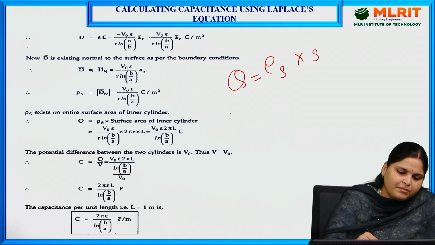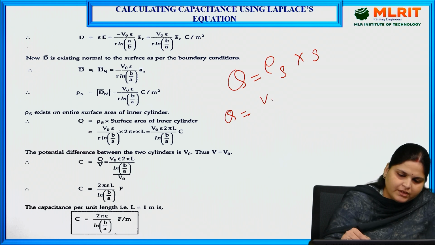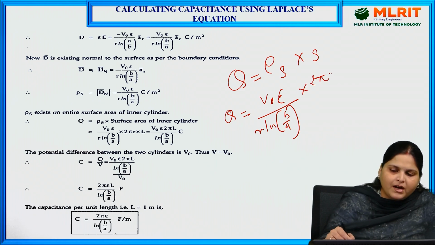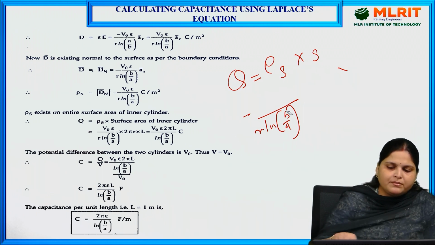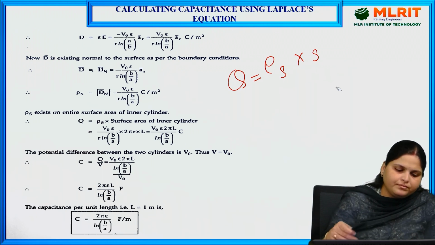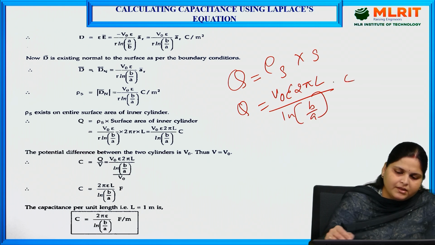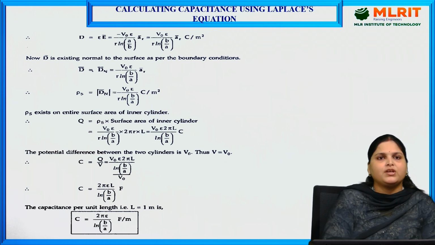So this can be written as Q = ρs, and the ρs value we already got as V0 ε upon R ln(B/A), and the surface area of the inner cylinder is 2πR times the length L. So on simplifying, this equation becomes Q = V0 ε 2πL upon ln(B/A) coulomb, right? So this is the equation for charge.